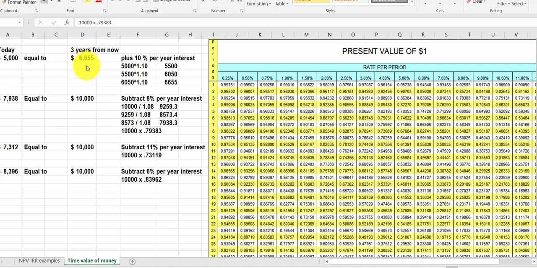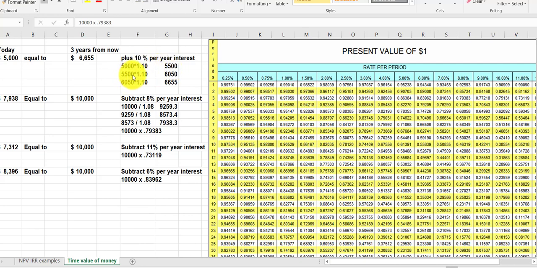And the calculation of that can be done using a formula. So first of all, from a future value standpoint, if you had 5,000 today and you put it in to earn interest at 10%, to calculate that you take 5,000 times 1.1, remember, 1 plus the interest rate, and you get 5,500.